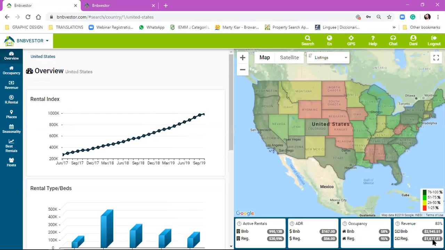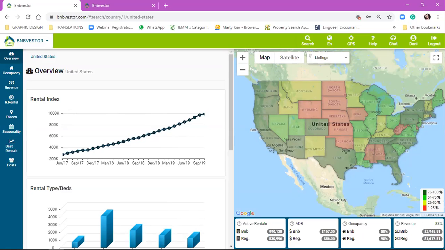So look at this. With an average daily rate of $56 and of course an occupancy of 95%, you have a revenue of $1,600. But with a B&B average daily rate of $167 and half of the occupancy of the regular rental, I mean, 58%, it doesn't even get to 60, it gives you a monthly revenue of $2,945, okay?